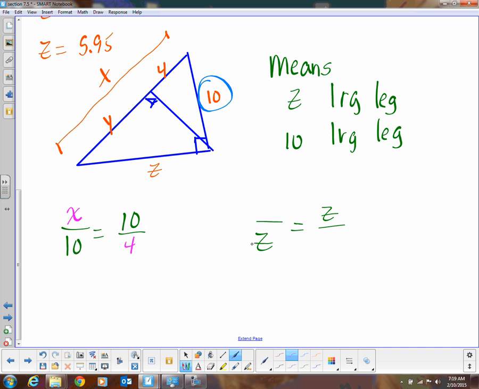Do you have your proportion written in your notes? Okay, so look at the large leg one. What does it say? Says the leg of the right triangle. Okay, but did you write the proportion?